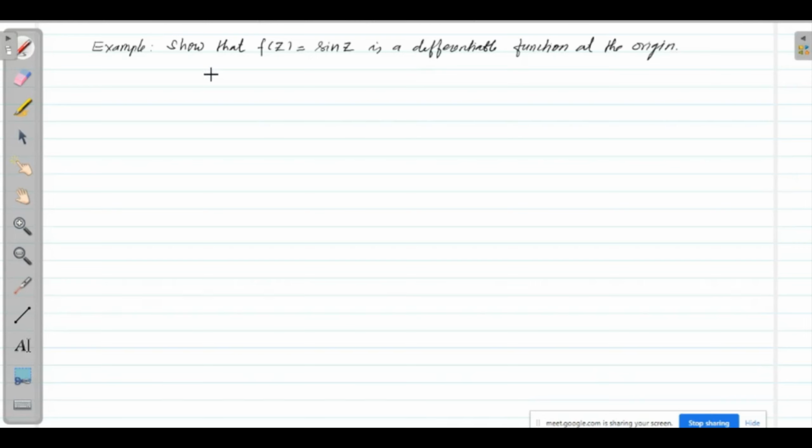What do I have to do over here? We have to show that the function f of z is differentiable at the origin. Origin means the function must be differentiable at the point z equal to 0.